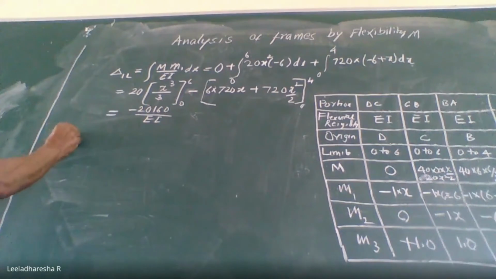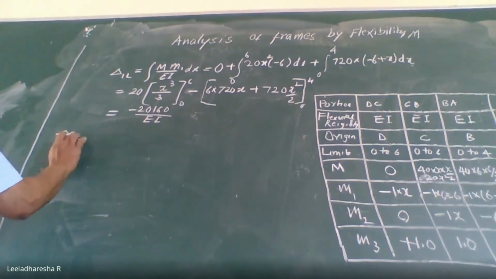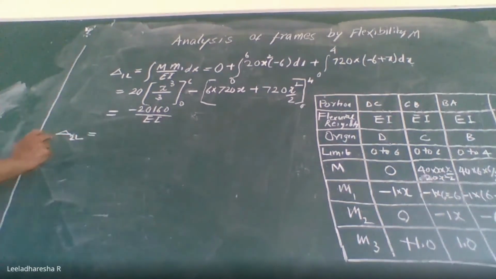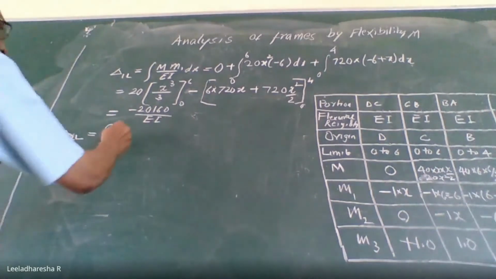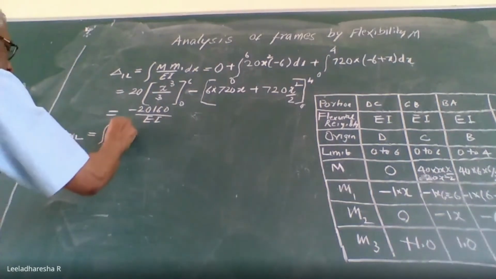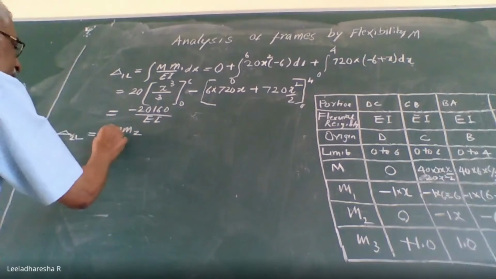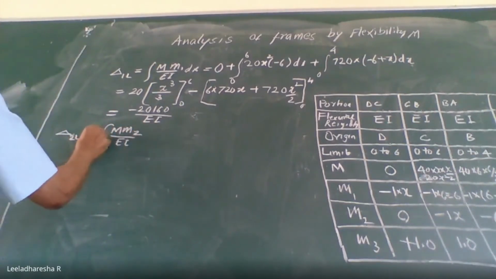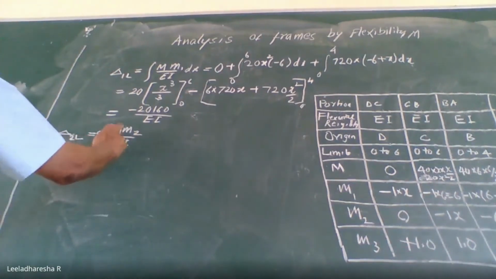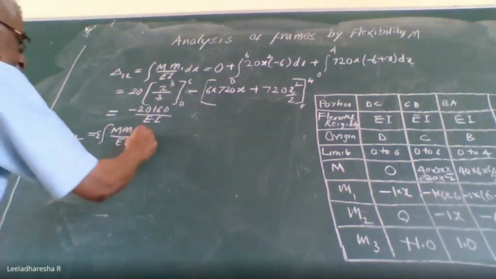Similarly, delta 2L is the displacement due to external load at coordinate number 2. This is nothing but equal to sigma integration of m into m2 divided by EI.